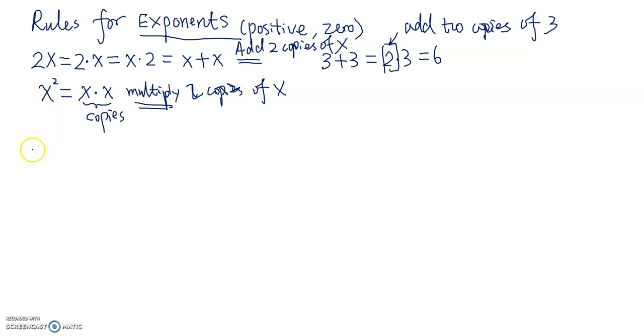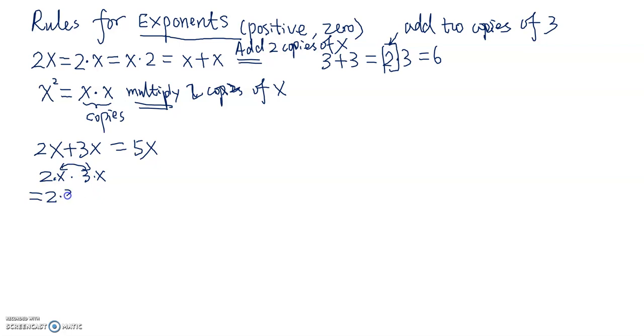So when we get a question, for example, 2x plus 3x, it means 2 copies of x plus 3 copies of x, we get 5 copies of x. But if we do multiplication, we're following a different rule. We're first going to use the commutative property of multiplication to switch this x and the 3.